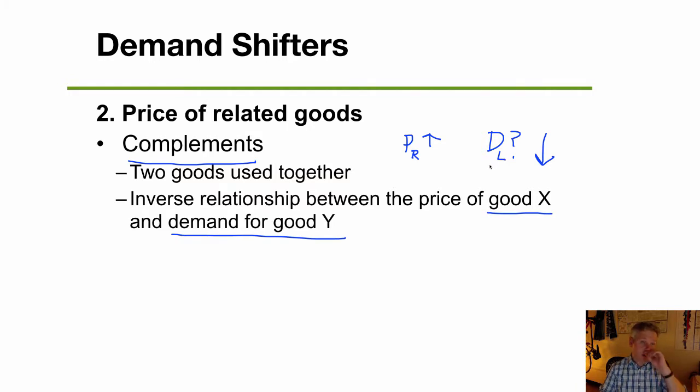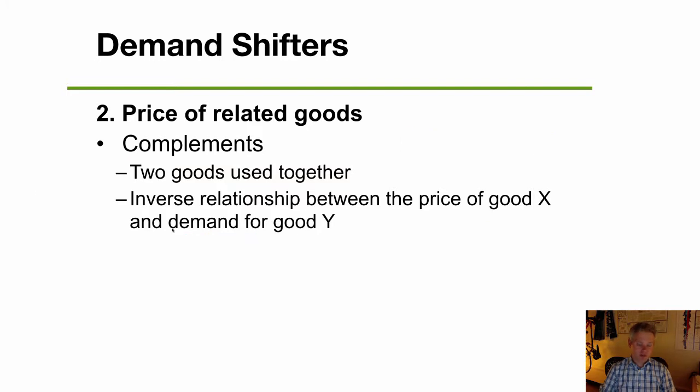If the price of a complement goes up, something you have to buy with it or it's no good to you, then demand will shift down for the complementary good. If you're someone who has to have milk in your coffee, and the price of milk goes up, then your demand for coffee will go down because you now have to pay more for that bundle of cream and coffee together.